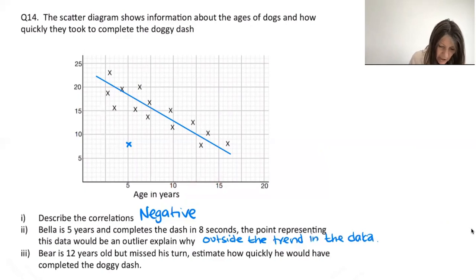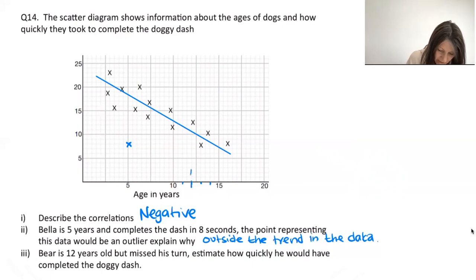Okay, so that is 11, that is 12, that is 13, and that is 14. So when it comes to reading scales, really, really important you take your time with that, okay? Every scale is different, and we have to make sure we've understood it. So 12 is this one here.